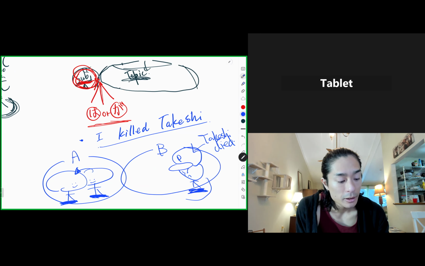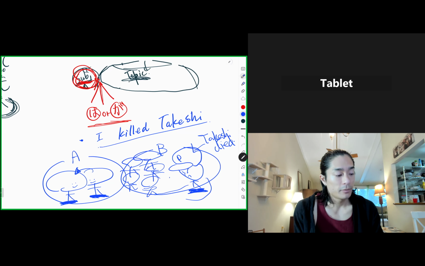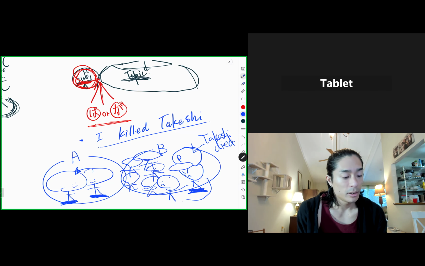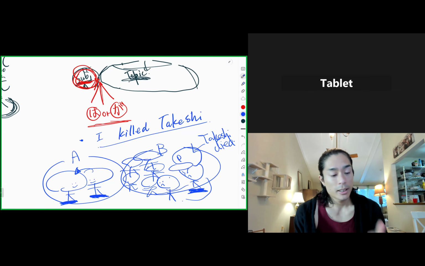That's why the police are asking people around, hey, do you know Takeshi or anyone who might have killed Takeshi? Seeing that, you start to feel guilty and decide to confess. And that's when you're like, hey, I killed Takeshi.